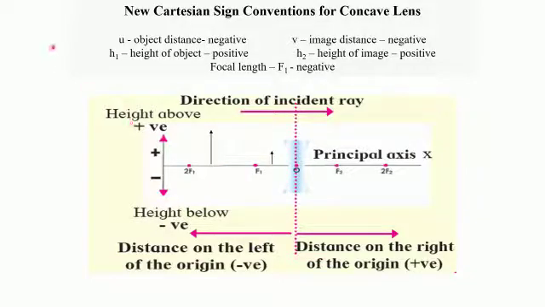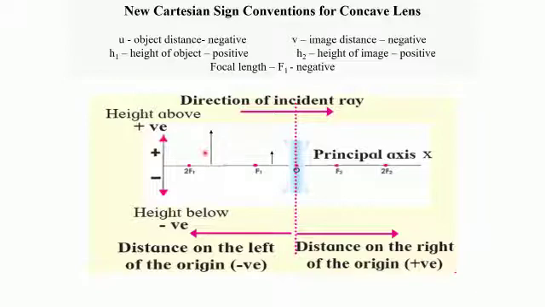Now the same symbols are going to be used here also. U stands for the object distance, V for image distance, H1 height of object, H2 height of image, and focal length. Here we will consider the first focus, that is f1. While calculating the focal length, we will have to take into account f1 for concave lens. Now here this is the object and this is the image.